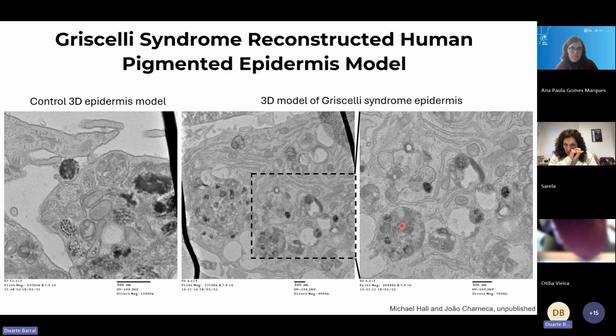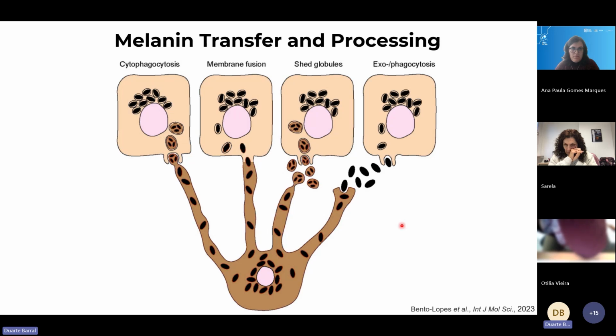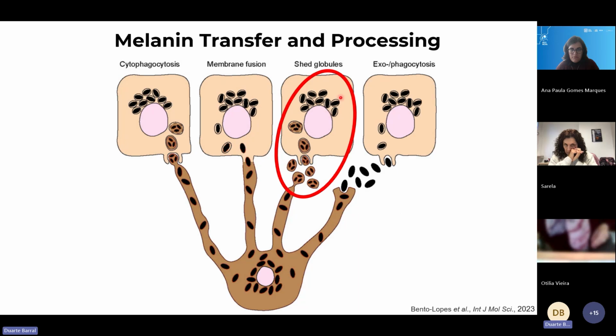And to cut a long story short, because this was a study done by João Chaneca, a PhD student, what we found was evidence for an alternative model of transfer. So remember, in the normal human skin, we have this exophagocytosis.